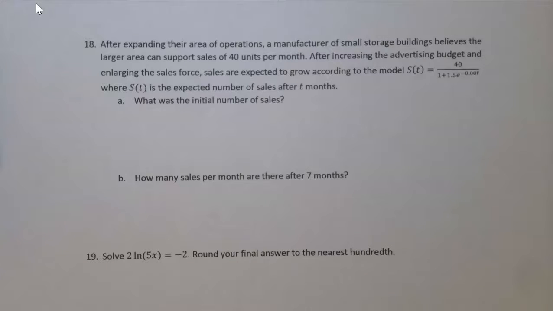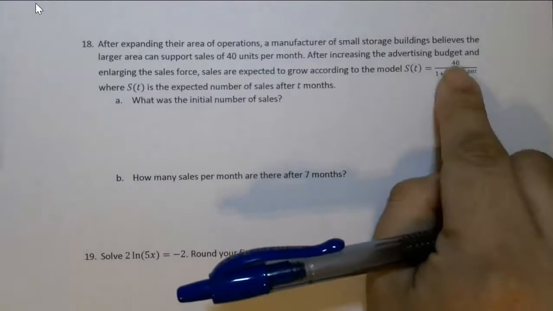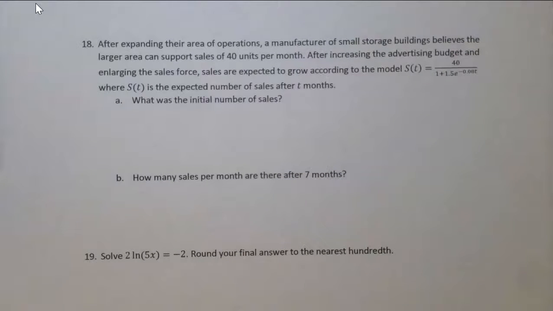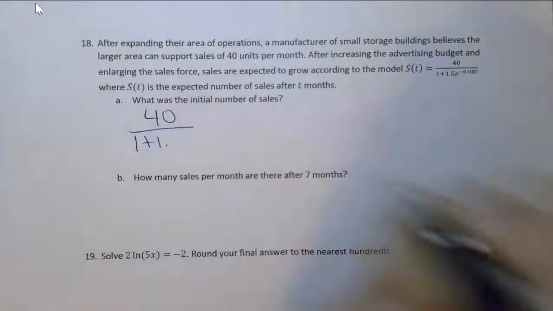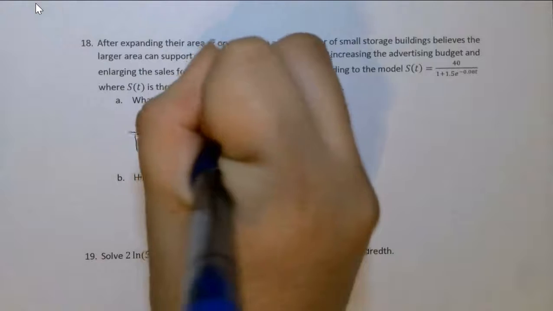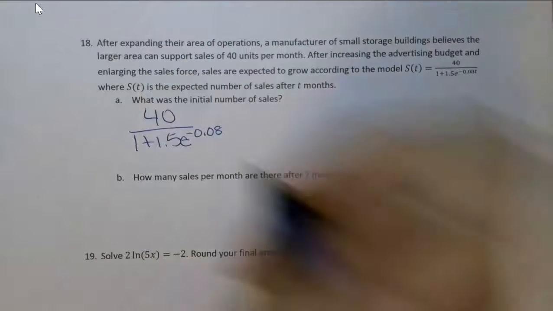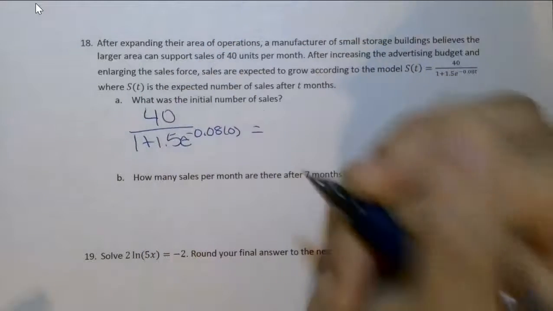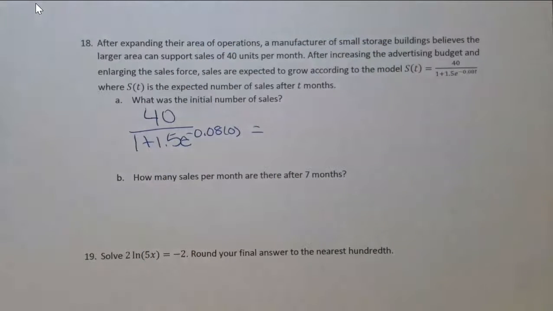It's asking what the initial number of sales is, and this is the number from when I plug in 0 because 0 time has passed. So I have 40 over 1 plus 1.5 e to the negative 0.08 times 0. And I'm going to go ahead and type that into my calculator.